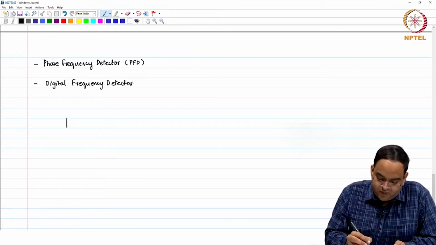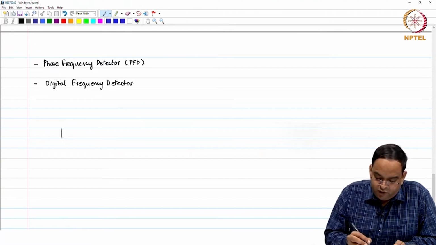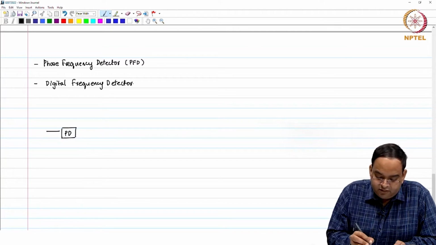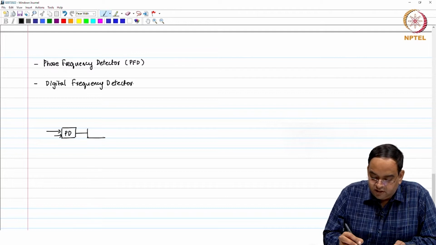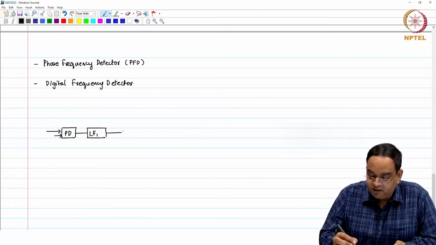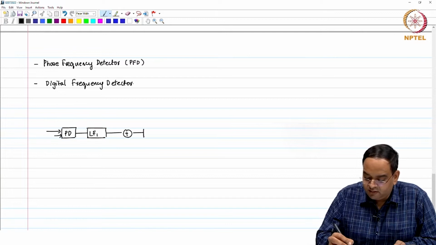So, first, where will it be used? Well, you can have a dual loop PLL where you have the phase detector, all the phase detectors we have talked about so far, with a loop filter, let us say LF1, and that controls the VCO. I will tell you why I am using the plus sign.